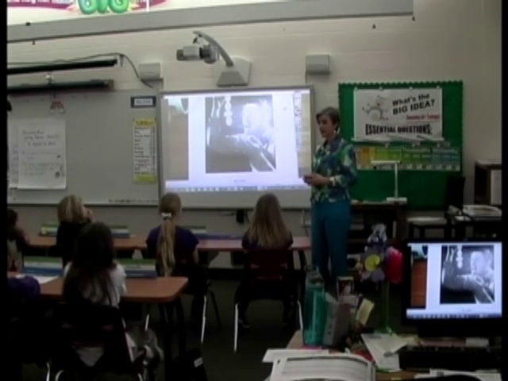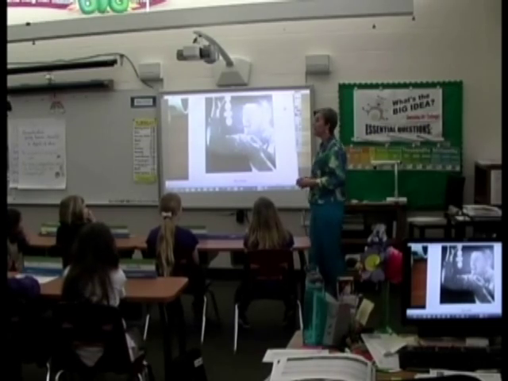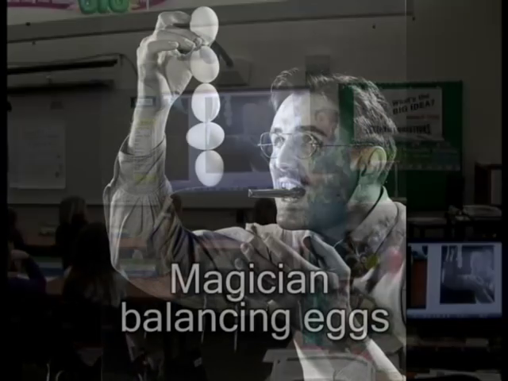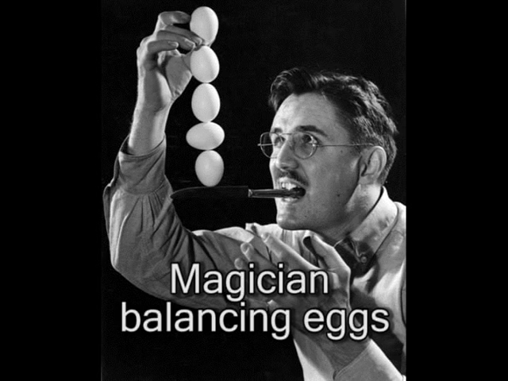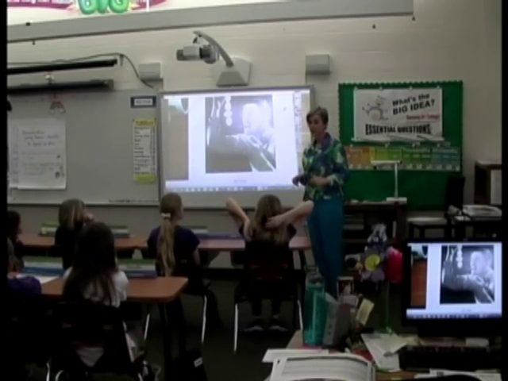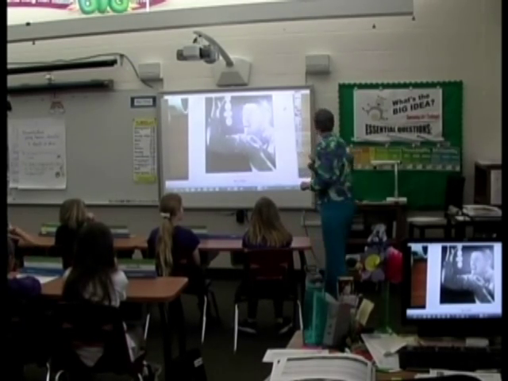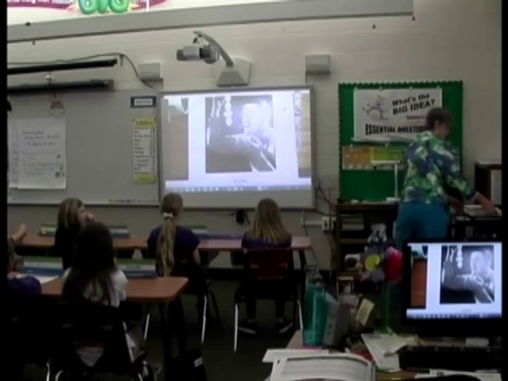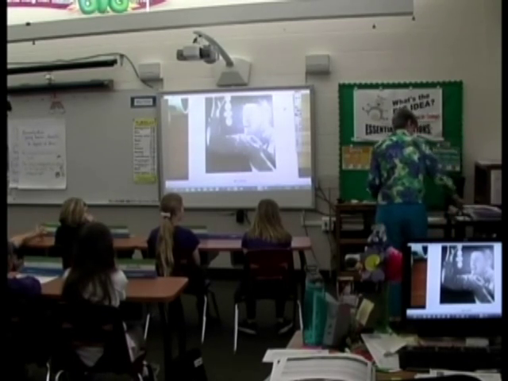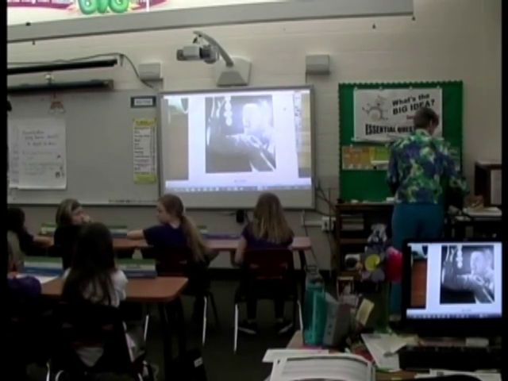So my caption that I'm going to come up with for this picture is magician balancing eggs. So I'm using things that I know already. I'm using some clues from the picture to make my caption. Okay? So you're going to get a picture, you're going to find a partner, and you're going to get a little sticky pad.